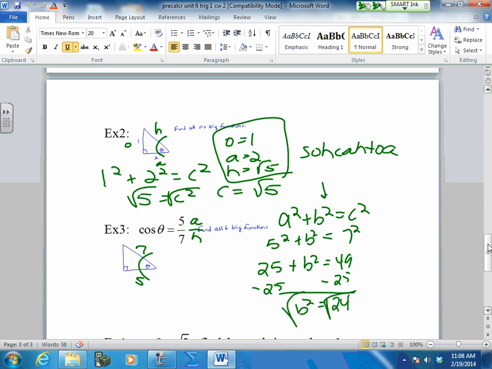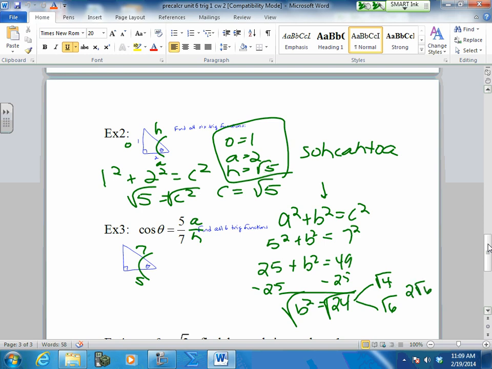Now, I have to reduce all radicals. Not in my calculator, but I have to say what's a perfect square, what's a not perfect square factor. Think of 24 divided by 2, divided by 3, divided by 4, 6, and 4. Perfect square, not perfect square. 2 radical 6. Good.